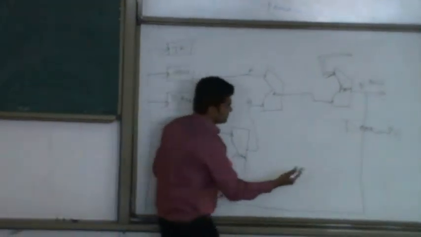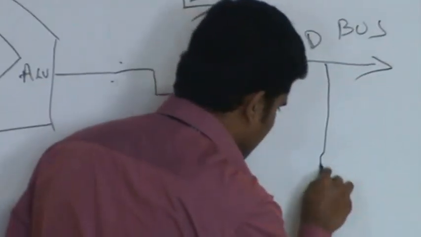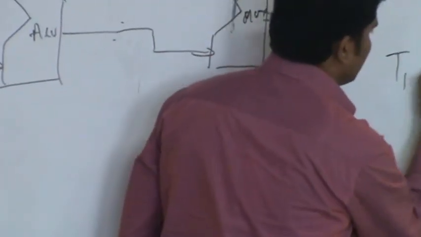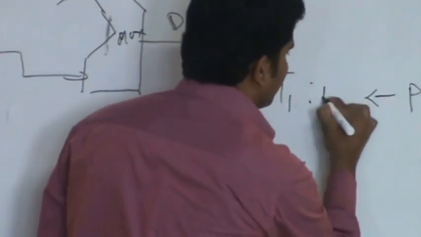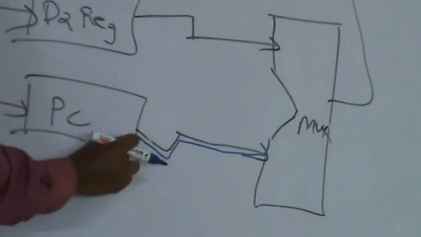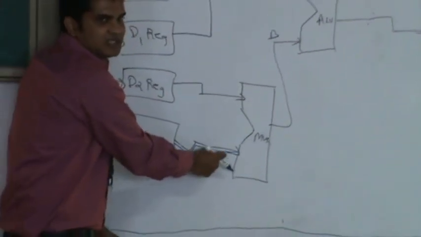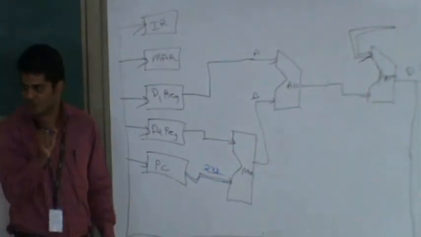So if you see, at time t1, the contents of the program counter should be placed into MAR. Yes. So this path is being selected. The first step is to select MAR. PC is given to the multiplexer. The multiplexer is selecting either from D2 or PC, the contents of PC. This line is being selected. That is 232. This is the location where the instruction is.